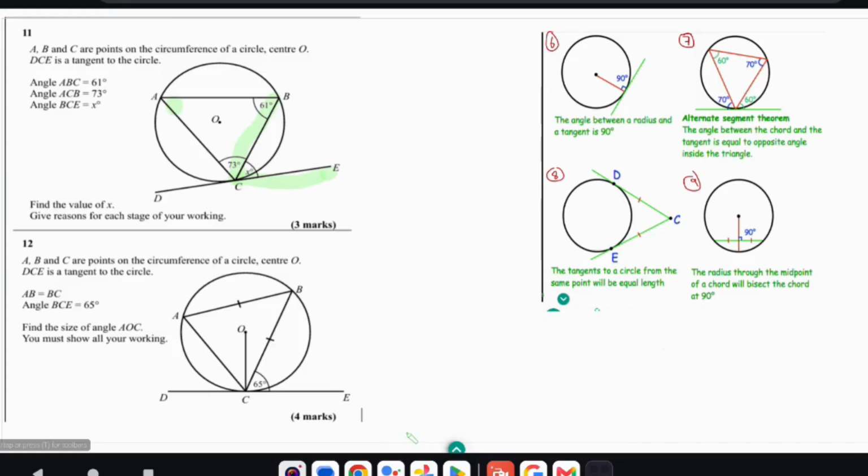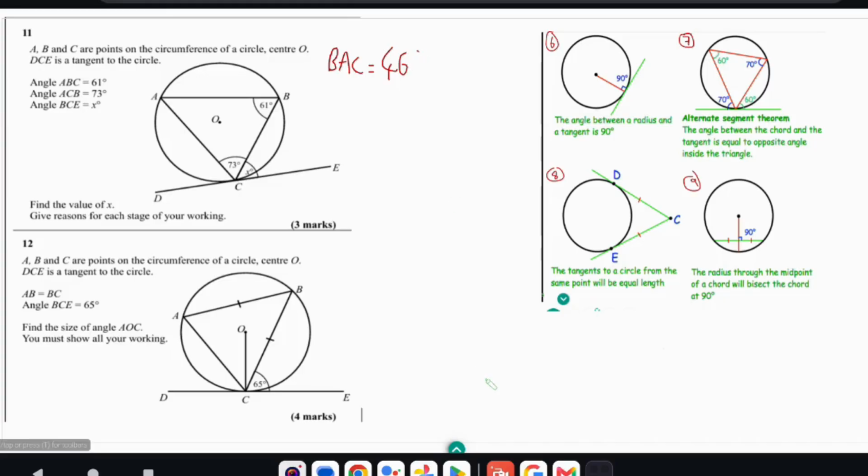Okay, what is X? Or what is that angle rather? We have a triangle. Angles in a triangle add up to 180. So BAC equals 180, take away 61, take away 73, 46.